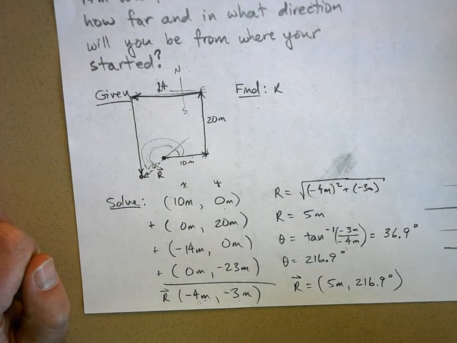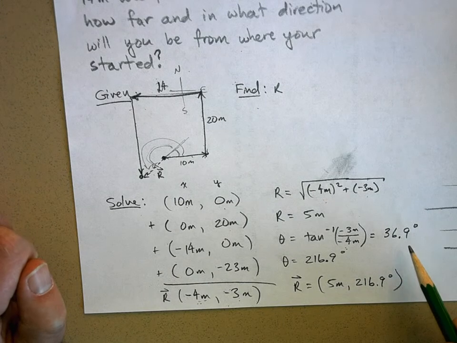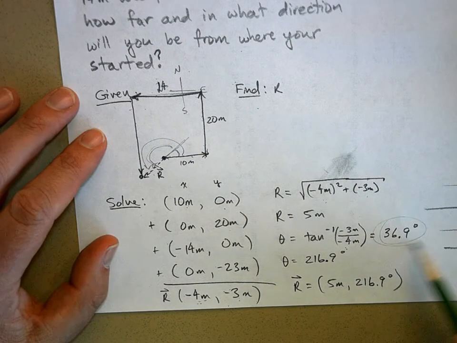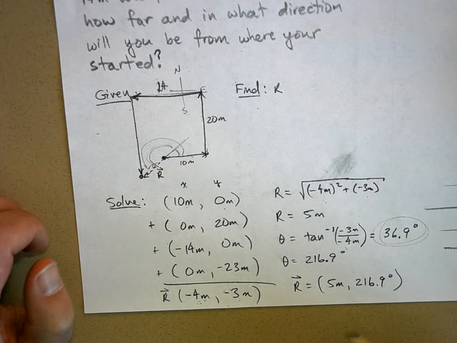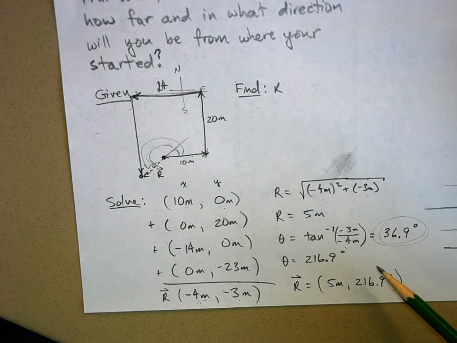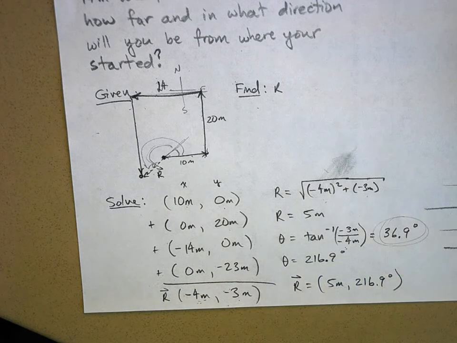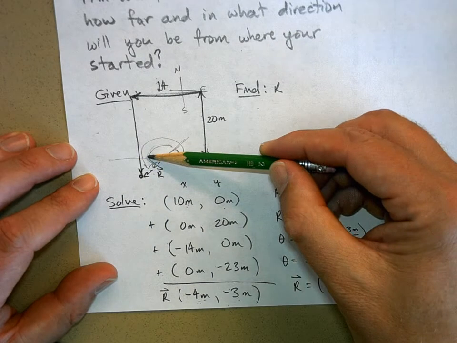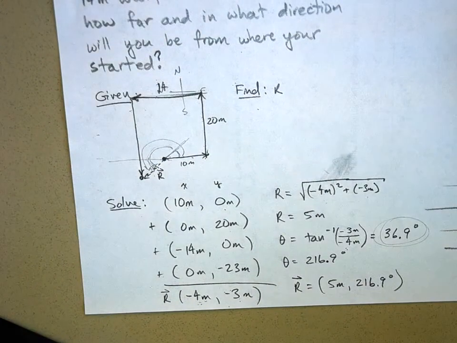Now if you had said, oh, it's 36.9 degrees, if you're going to use this 36.9 degrees, you got to be really specific. If you had said 36.9 degrees south of west, I would give that to you. Do you see what I'm saying? South of west. Here's west, and we're going to go south of west, 36.9 degrees south of west.